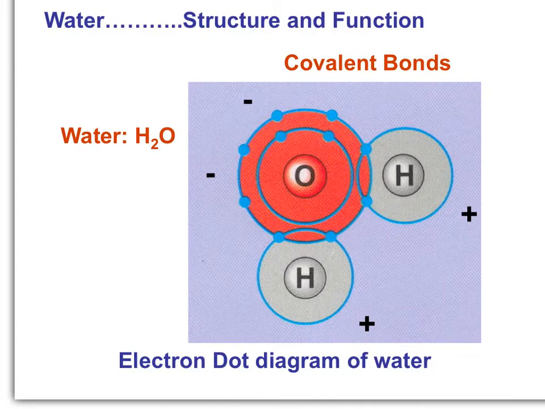There are two bonds between oxygen and the two hydrogens, one here and one here, and the molecule is a polar covalent molecule because oxygen with the higher electronegativity value pulls the electrons towards it. Thus, the electrons are unequally shared, and oxygen takes on a slight negative charge, while the hydrogens take on slight positive charge.